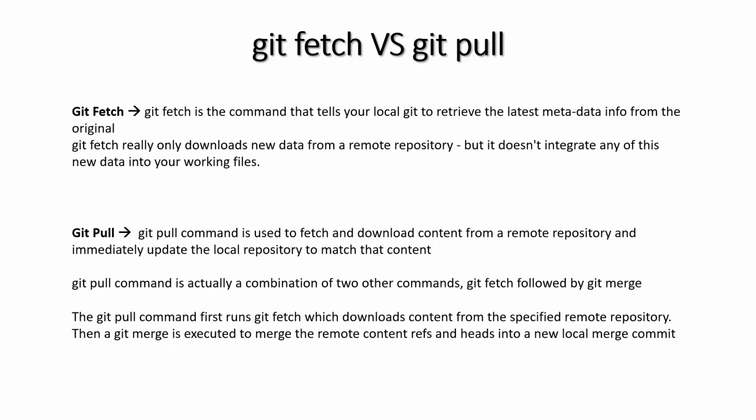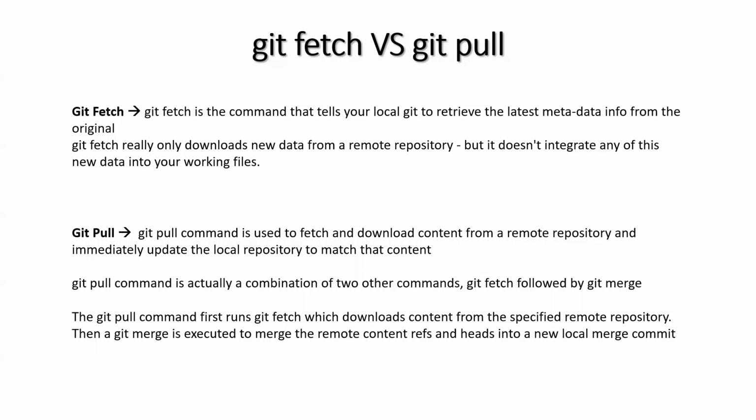That will download the content from the remote repository, and immediately this will update the local repository with matching content. Meaning this will also merge those code changes with our current working directory, right? This will also try to merge with our local repository. Git pull command is actually a combination of two commands. One is git fetch and the second is git merge.